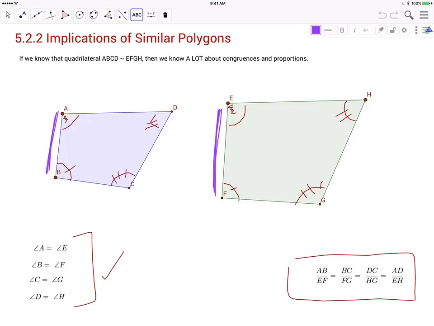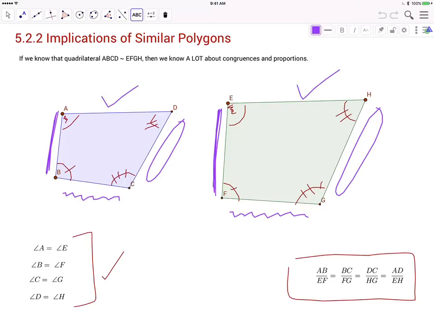If you read along the bottom and see what I'm doing, the same way that BC relates to FG, the same way that DC, let's see, this side relates to this side, is the same way that this side relates to this side, right?